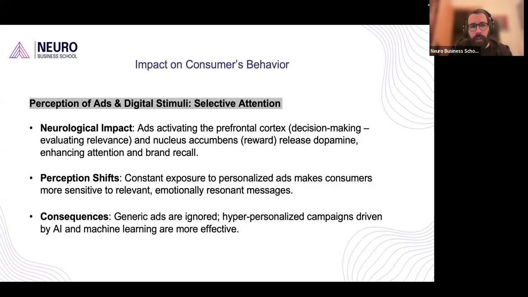The recommendation algorithms, for example, when you open Netflix, you can imagine that behind it exists a recommendation algorithm that is machine learning.